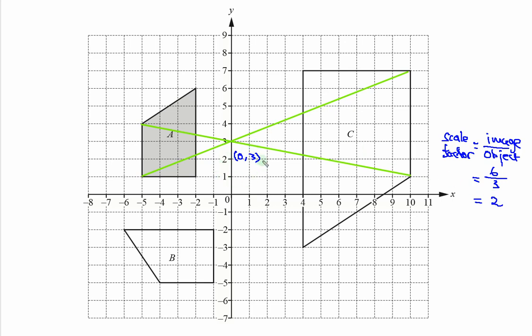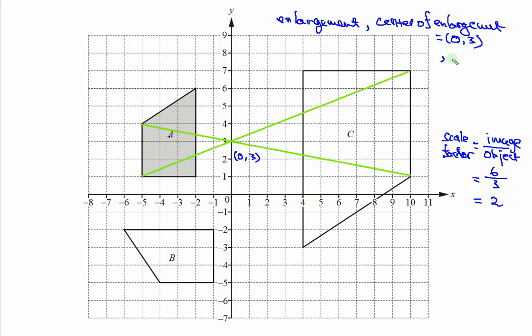Okay, so to fully describe this A to C, first you have to write enlargement. Second thing, you write center of enlargement, which is 0, 3.